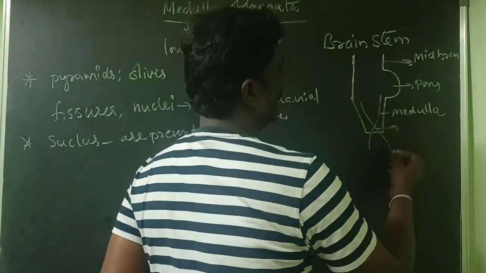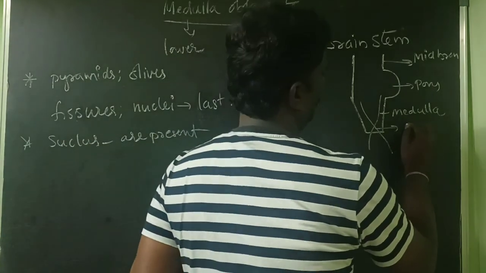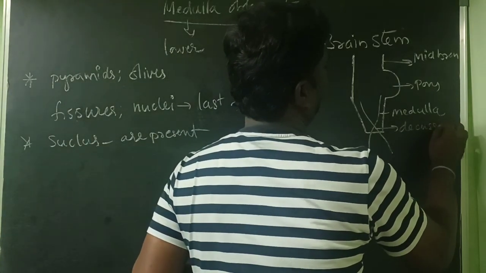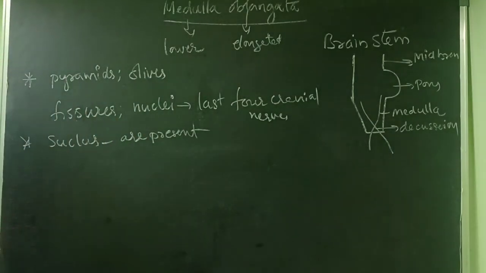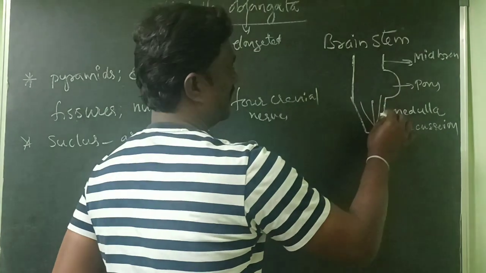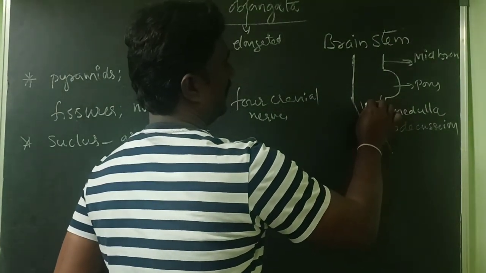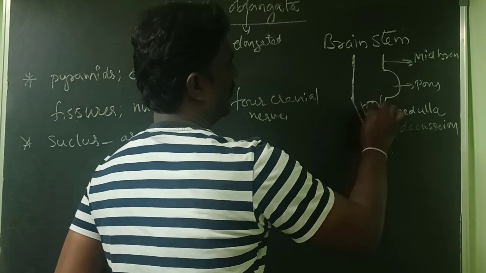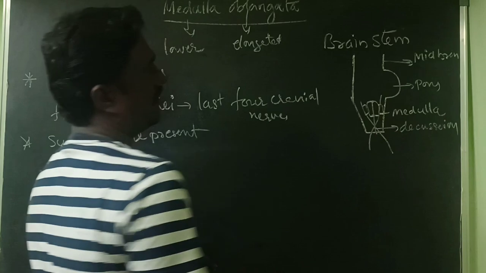This part is called decussation, the medullary decussation. The central sulcus is present between these. These are the pyramids, and laterally the olives are present. So that is the upper portion of the medulla.